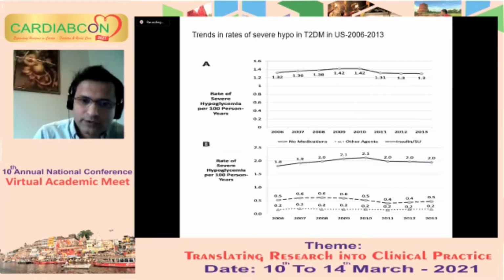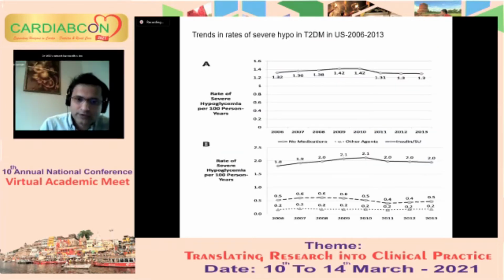Let's look at the trend overall. Does it happen only in the UK, or can we see a similar picture in other parts of the world? This was a trend of severe hypoglycemia in type 2 diabetes in the US, from 2006 to 2013. What we can see here is that severe hypoglycemia still remains a problem.